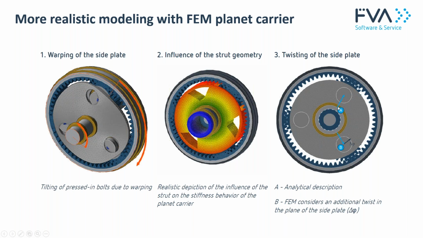But if we think about what will happen in reality, imagine this like a one-sided clamped beam. Here is the clamping of the beam, and if you apply some force in tangential direction, one would of course expect that the beam will deflect a little bit, and this is exactly what the planet carrier does in reality too. So in order to capture such a motion, it's favorable to have finite element models.